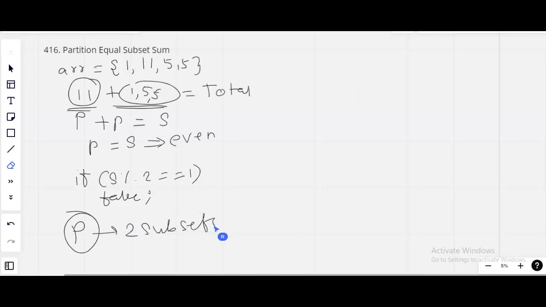But as we know, if our array is this vector, and we have found some subset with p as its sum, then the remaining subset will also have sum p, as p is sum by 2, right?